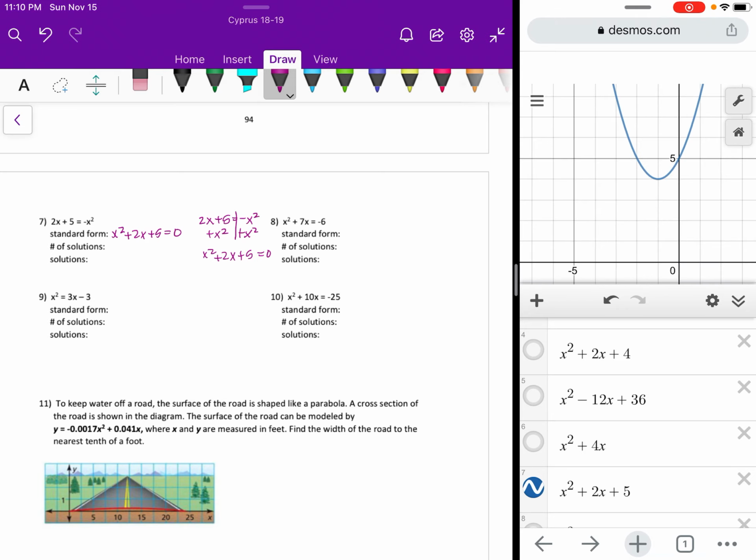On Desmos, I had to zoom out a little bit because it jumped up above the x-axis. It doesn't touch the x-axis at all, so there are 0 solutions. There are no solutions because they are actually imaginary. So this is another one we would not be able to factor. So we don't see their solutions on the graph.